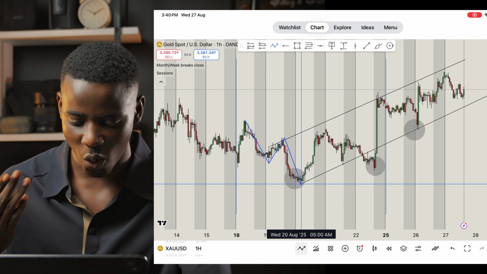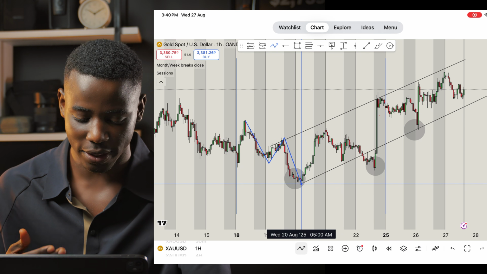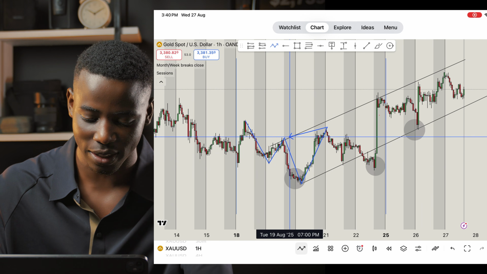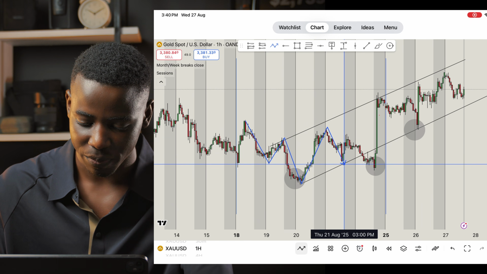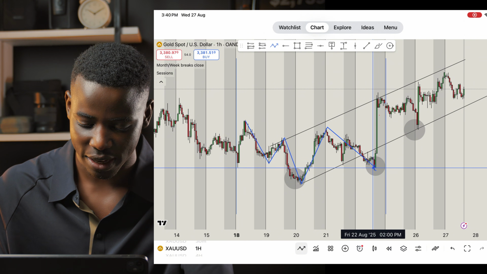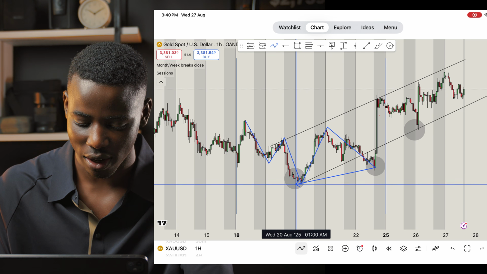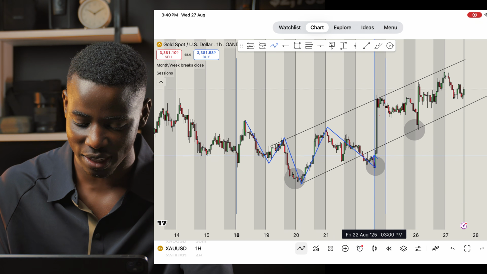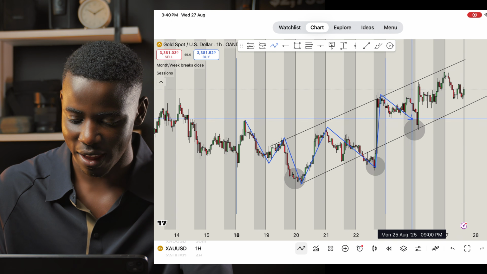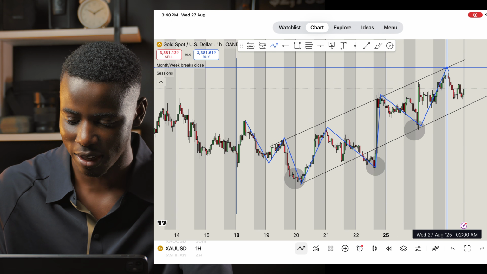This is when we know that the price has changed: when we make a new high surpassing this one, and there's a low here that is not lower than this, which makes it a higher low, then a higher high and a higher low. You see that?